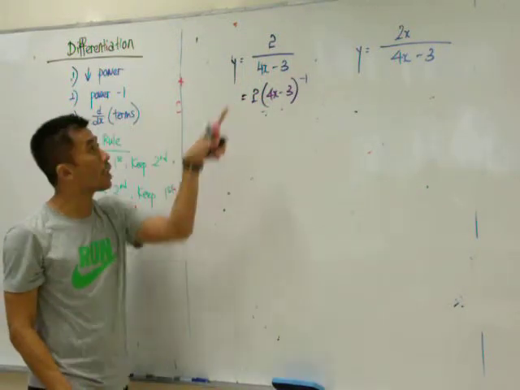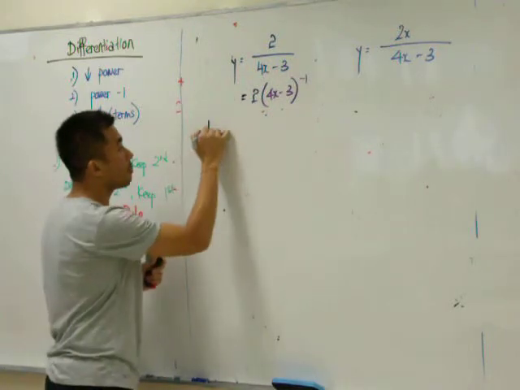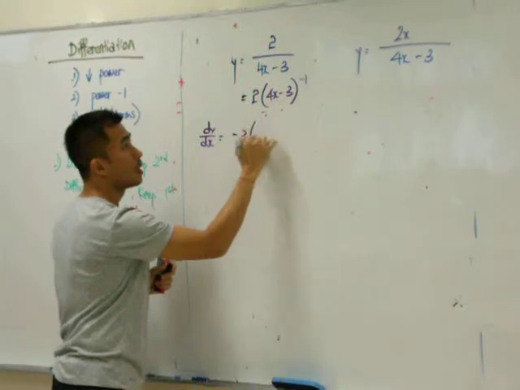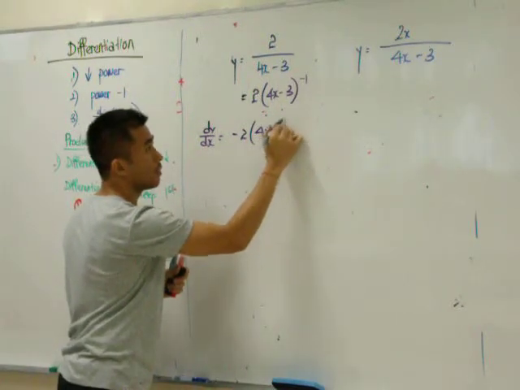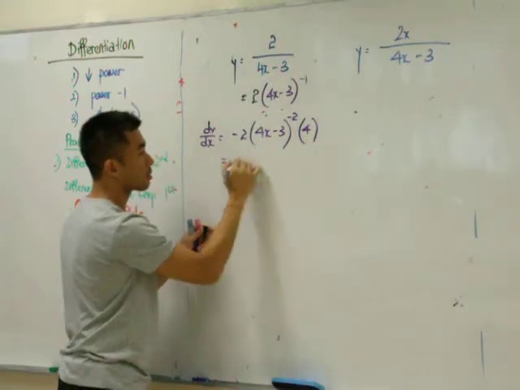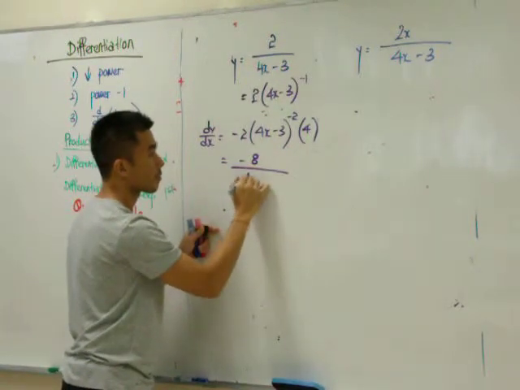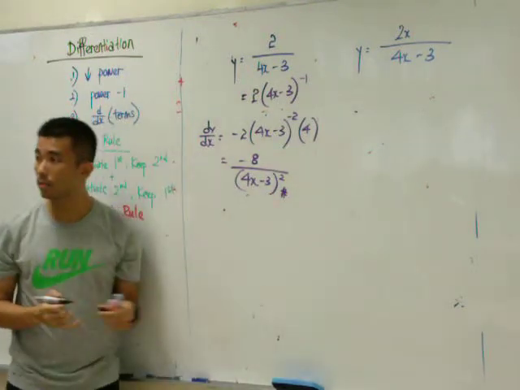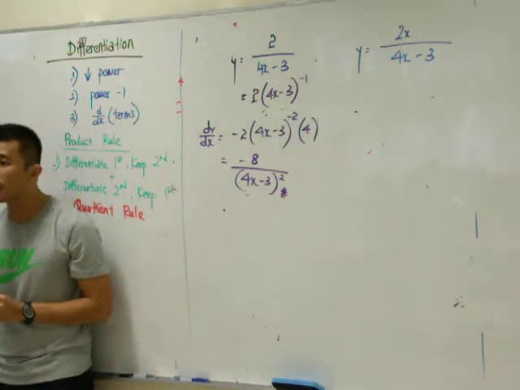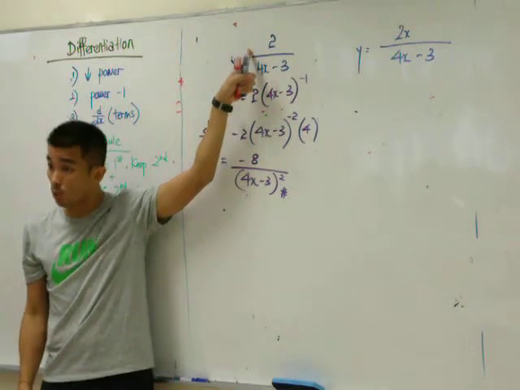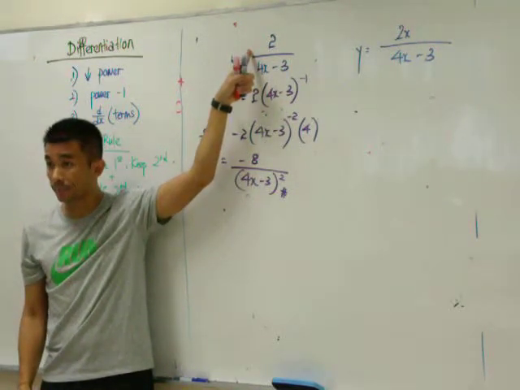Agree? So if we want to do differentiation for this term, it's actually very simple. Bring down the power, reduce the power by 1, differentiate the term inside the bracket, you have 4. Agree? That is because the numerator is a number. So it's relatively quite easy.